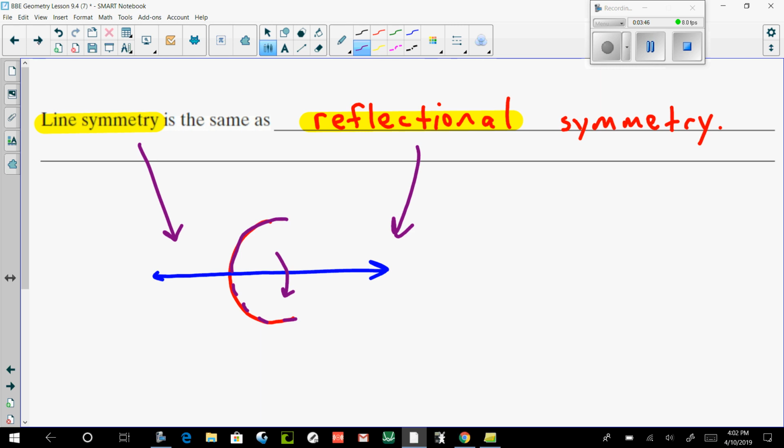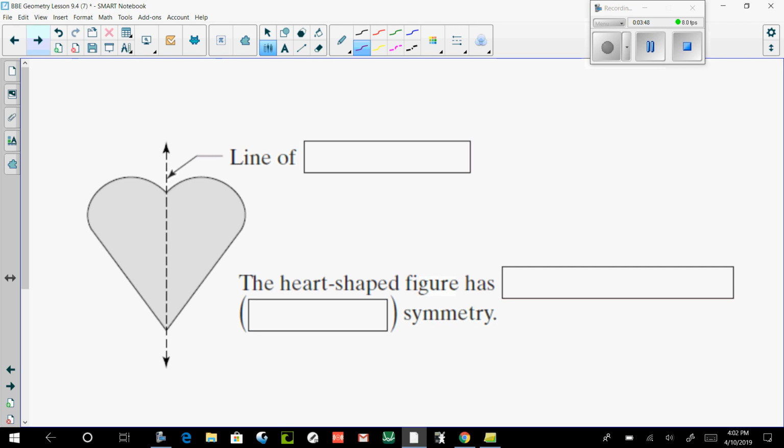We'll see that later on. Here's an example of a heart. This heart definitely has a line of symmetry as shown with the dotted line. But it could also be said to have reflectional symmetry, which again is the same as line symmetry.